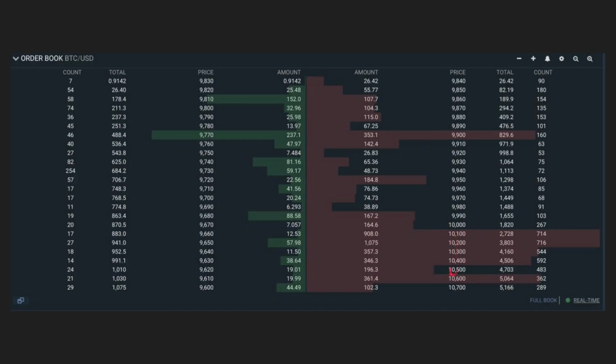And really, just this whole level, there's so much Bitcoin being sold. This is 908. This is 1,075 Bitcoin being sold at this level. So there really is a significant amount of Bitcoin being sold at this level. We can consider this a considerable sell wall in comparison to the other prices relative to where Bitcoin is.